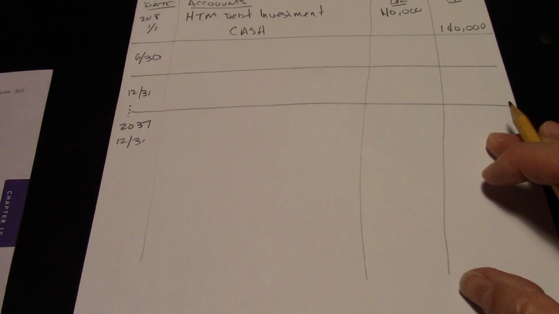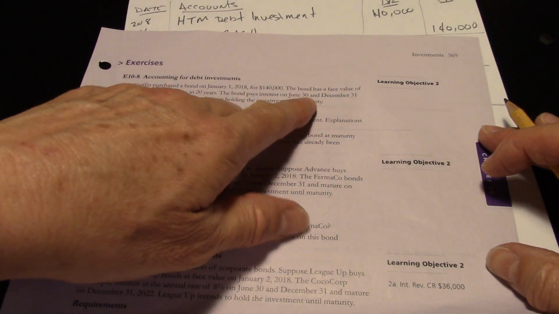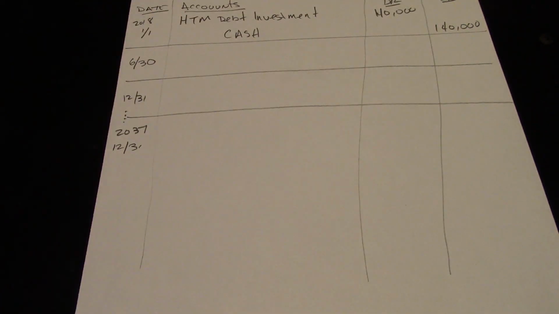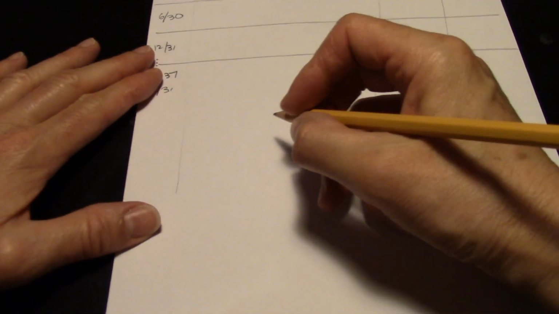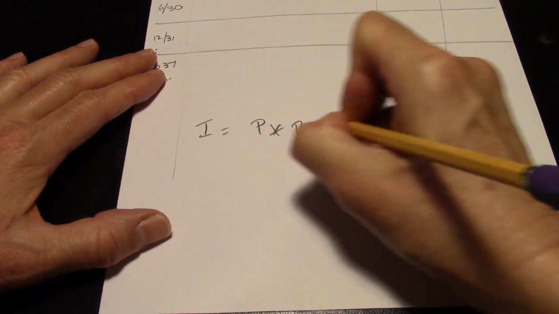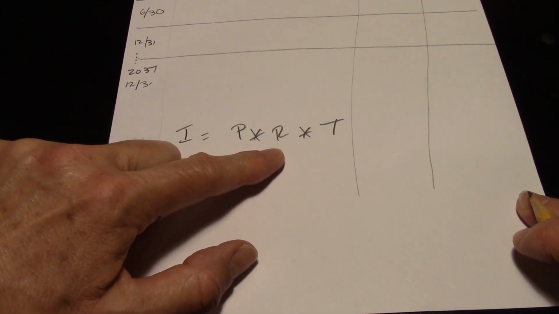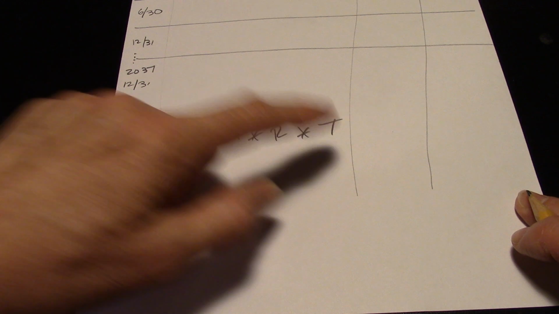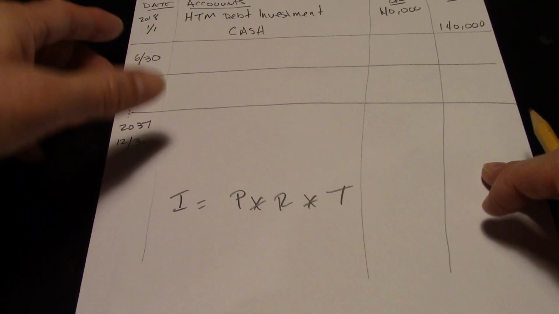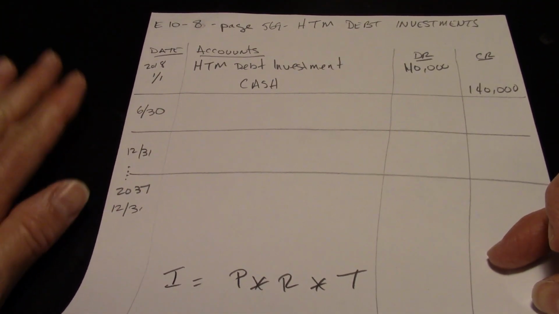The next thing that happens, like it says here, is it pays interest on June 30 and December 31, and it's 3%. It's that annual rate. You may recall our formula: interest equals principal times rate times time. Remembering that when they tell us rates, they're annual rates, but the time is however long the interest accrues over. In this case, it's from January 1 through June 30, so 6 months.